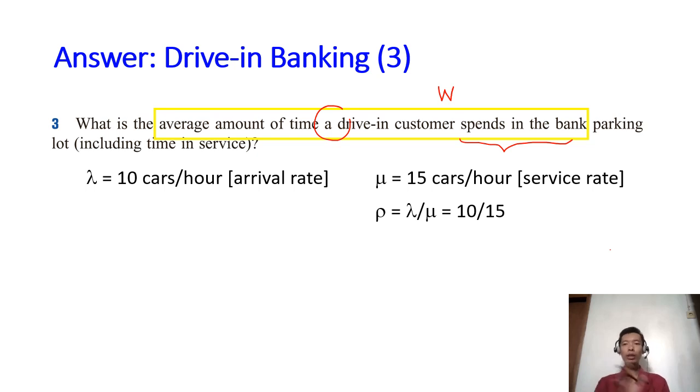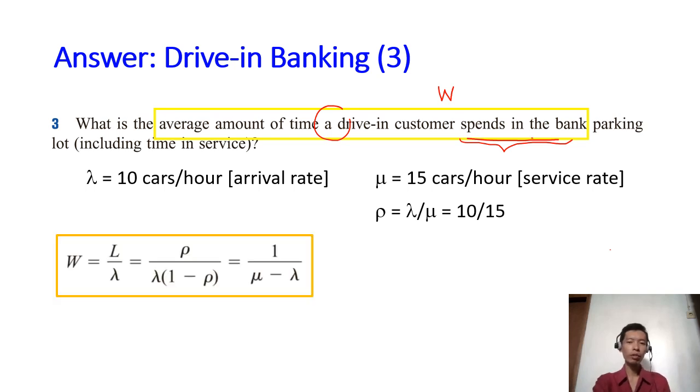It is included in this average amount of time. So we're going to calculate W. This is the formula for W. We just plug in mu and lambda, and then we got W is 1/5 hour.